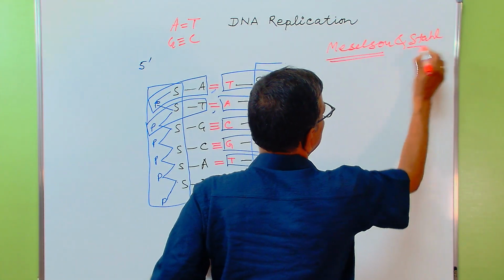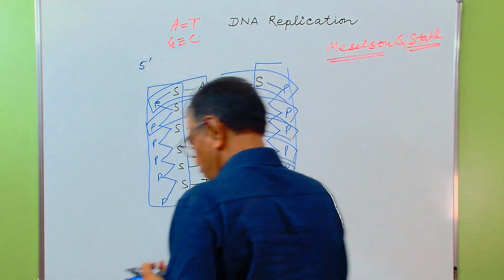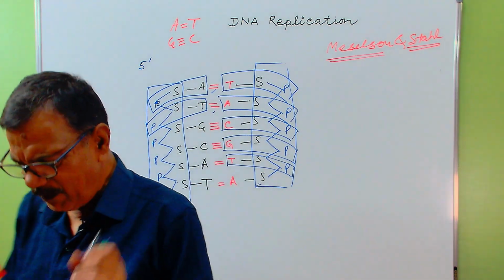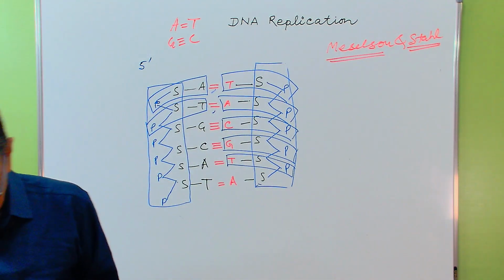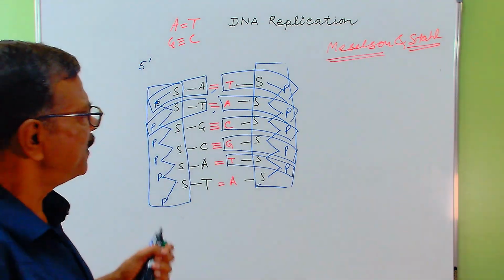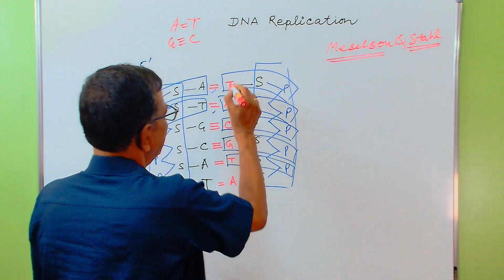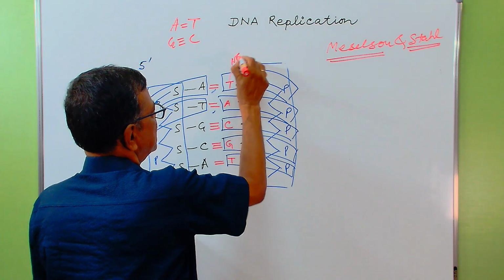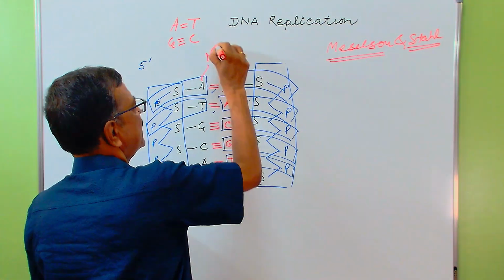Meselson and Stahl, these two scientists, made a simple experiment. These are the nitrogenous bases.